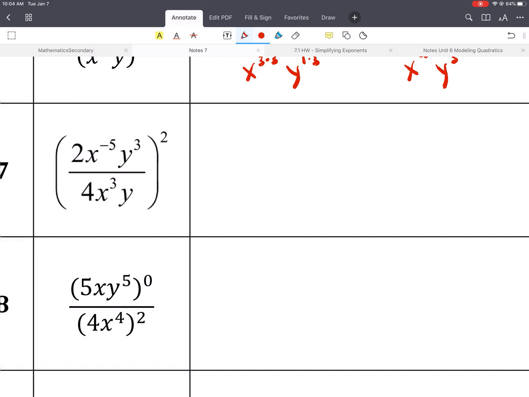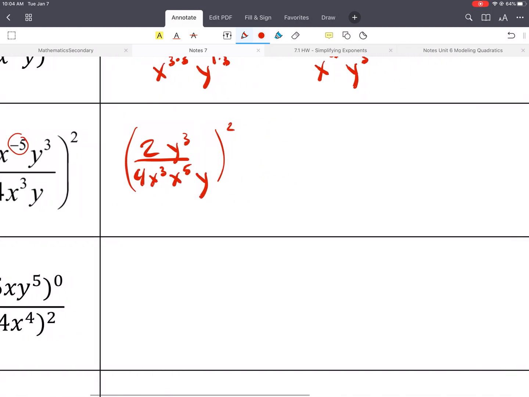All right, so we have a negative exponent. We'd probably want to bring that down. So that would give us 2y to the 3rd over 4x to the 3rd, x to the 5th, and would have y. And then here these are being subtracted, their exponents are being subtracted, so 2 to the y to the 3 minus 1.